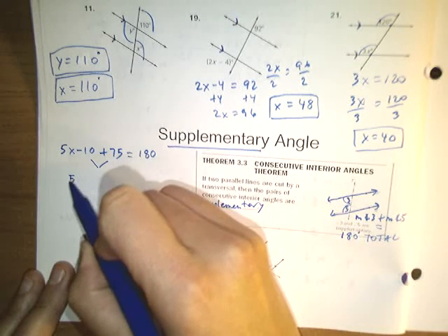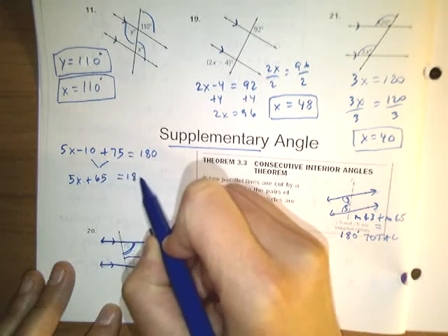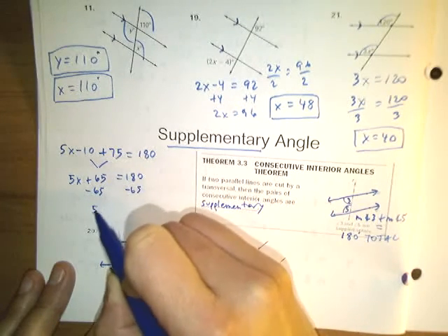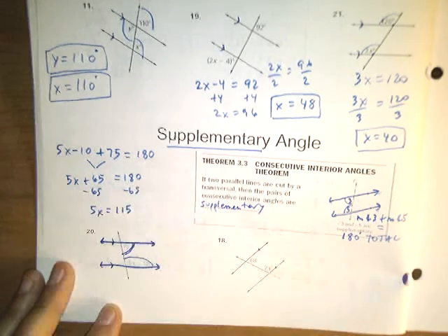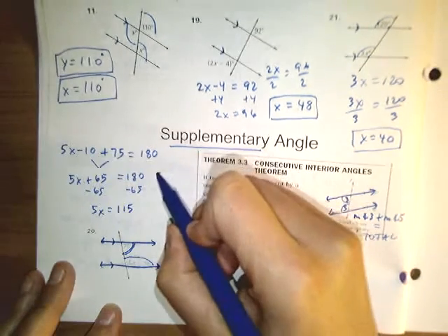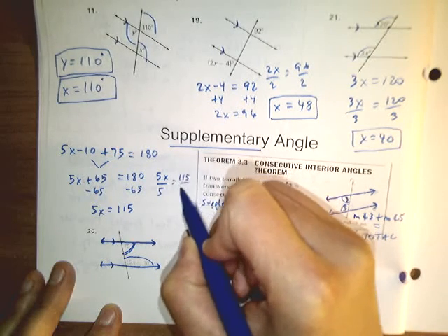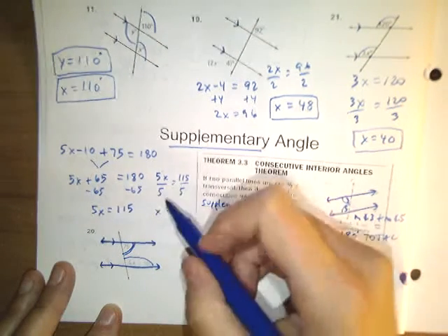Adding like terms, I'll get started in solving. I'll subtract 65 on both sides. And divide both sides by 5. To give me 23.